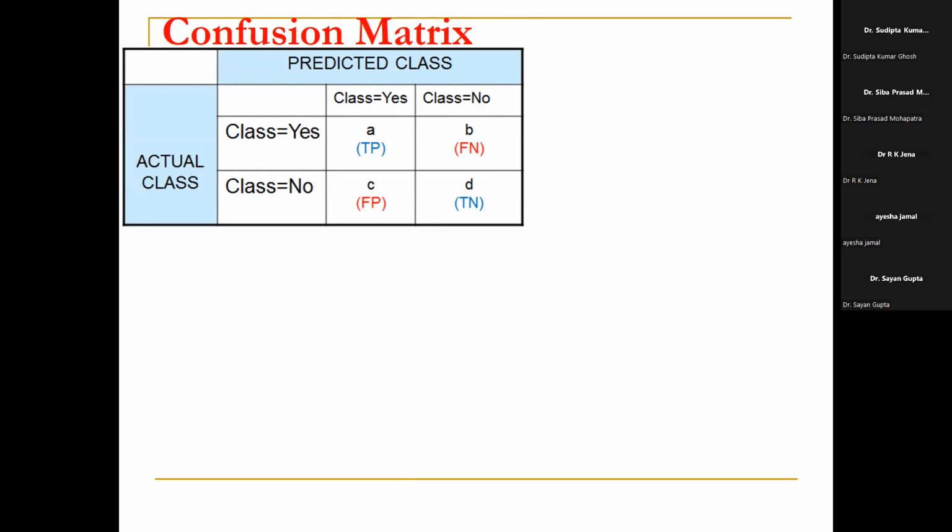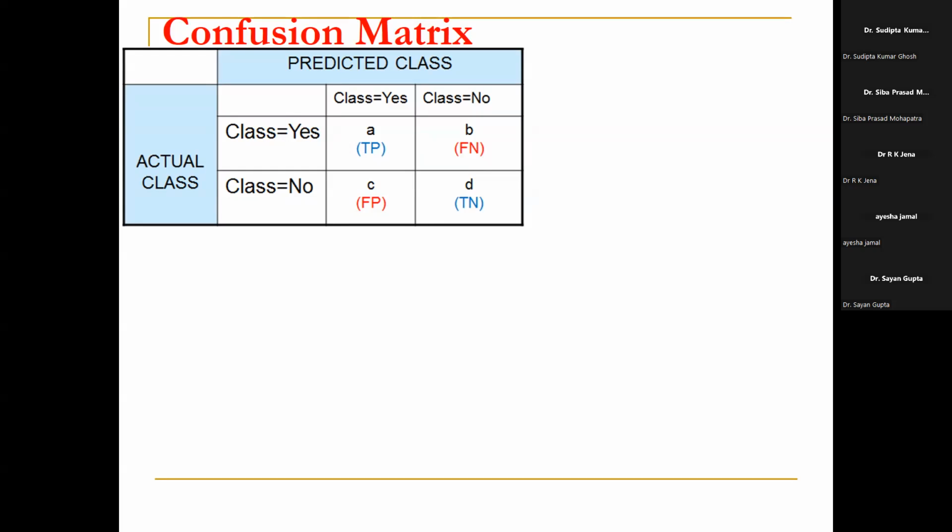You see in that table A, that is TP, called true positive. The value was true, and my algorithm also predicted it as true. That's why it is called true positive. And B is the false negative. Actually it was true, but my model classified it as no or false.